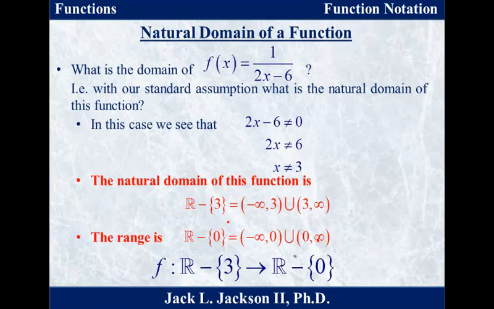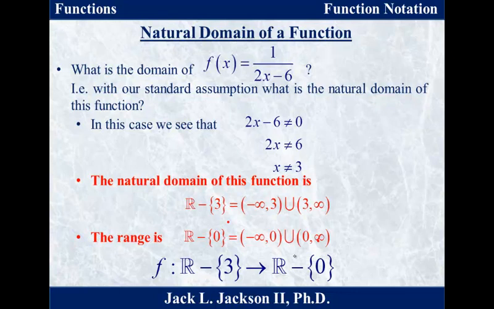So, adding 6 to both sides says that 2x cannot be 6, and dividing both sides by 2, we see that x cannot be 3. So 3 is the only number that makes the denominator 0, and that's the only number that's not allowed. That's the bad stuff. So the natural domain is all real numbers except for 3.